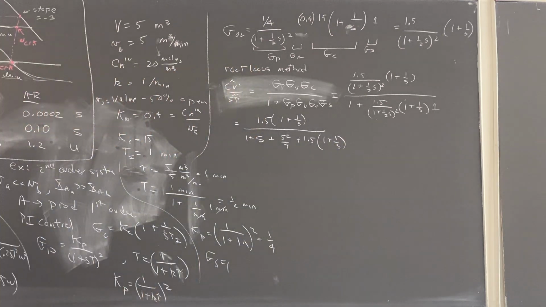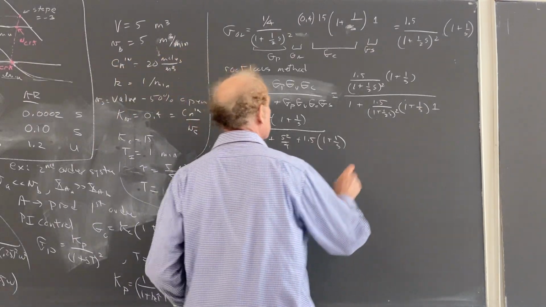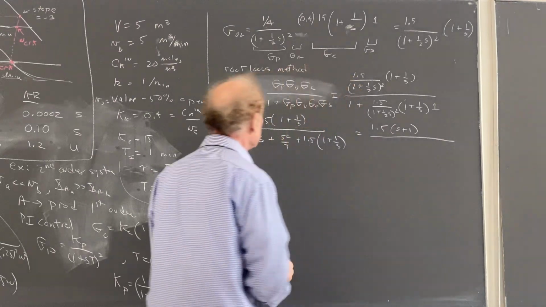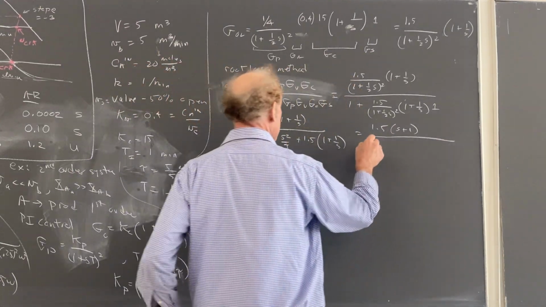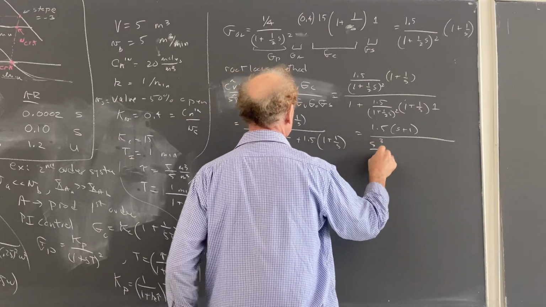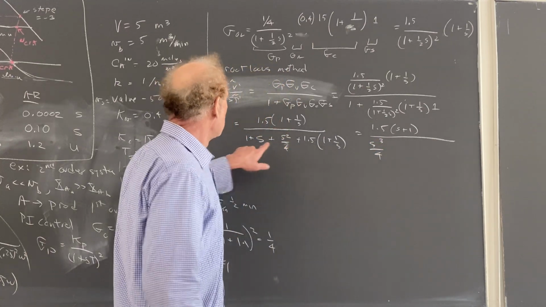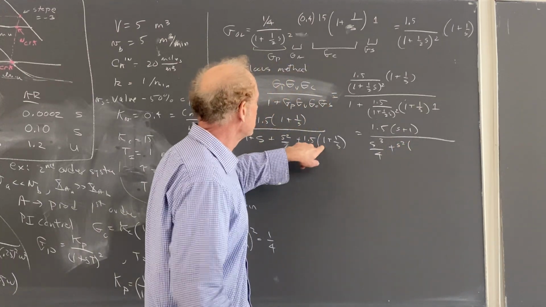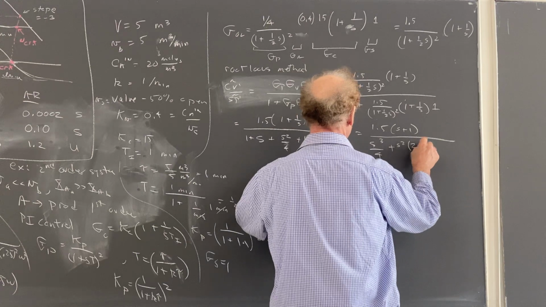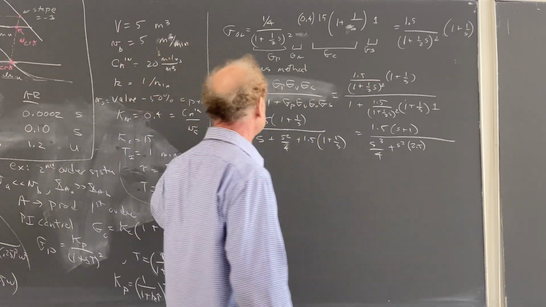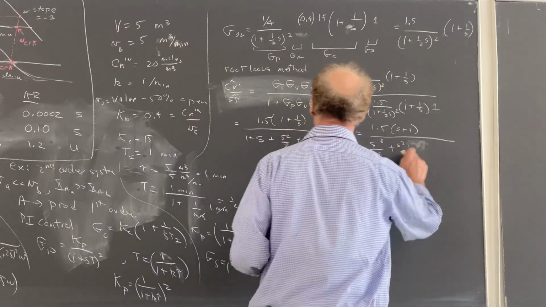And now what I'm going to do is multiply top and bottom by s. If I multiply top and bottom by s, I have 1.5 s plus 1 divided by, when I multiply by s, I get an s cubed over 4 plus s squared times 1 plus 1.5, 2.5, plus s, no, I'm sorry, let's do this carefully.